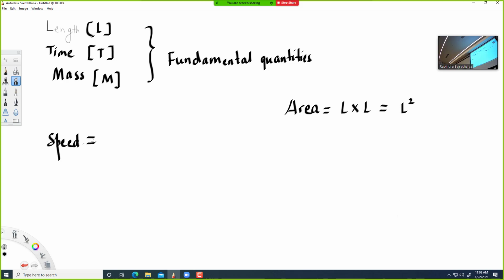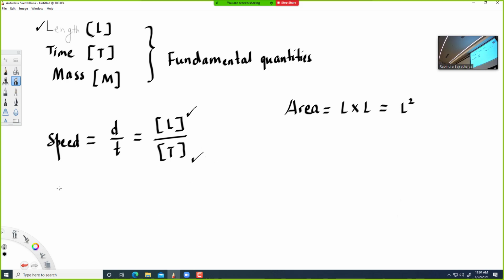Speed is distance traveled per unit time. Distance is a kind of length, so it's L, and time is T, so it's derived from length and time, so it's a derived quantity.